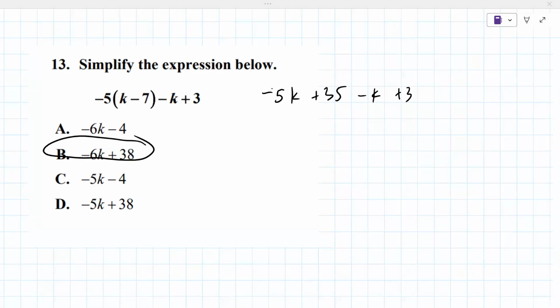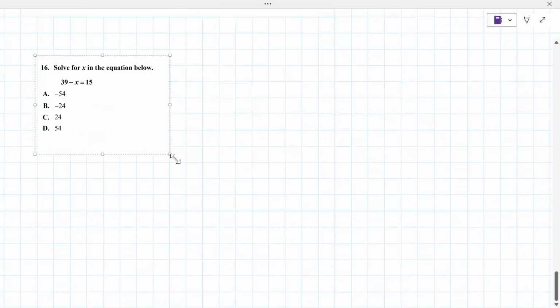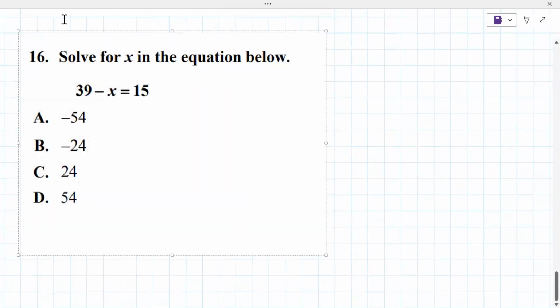You already did one like this, but might as well try another one. C. It is C. Good.